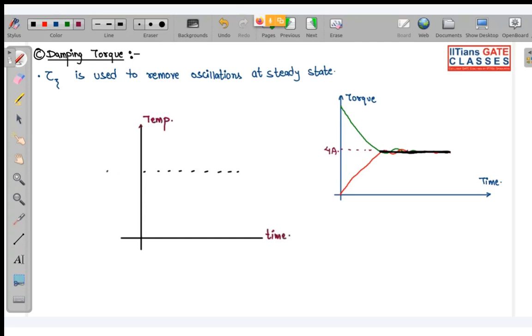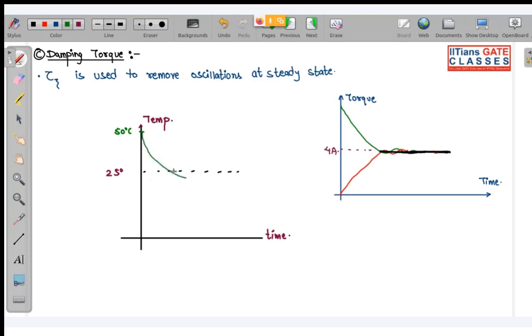You have set your air conditioner temperature to 25 degrees C. Your room temperature is suppose 50 degrees C. Suddenly it cannot come directly to 25 degrees C. It will take some time.